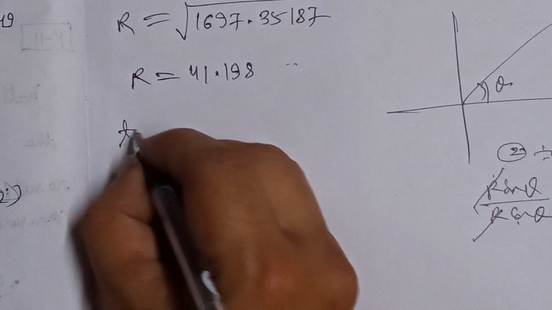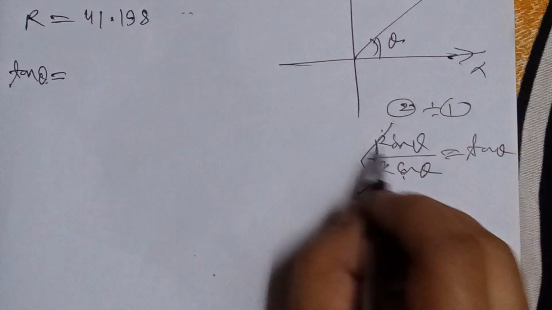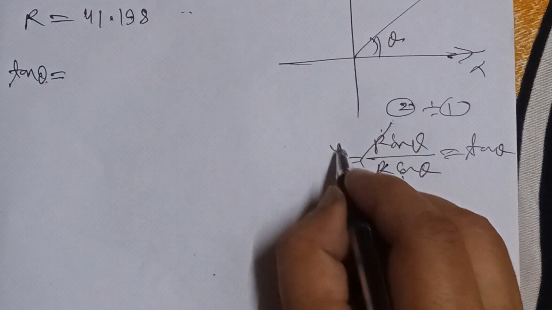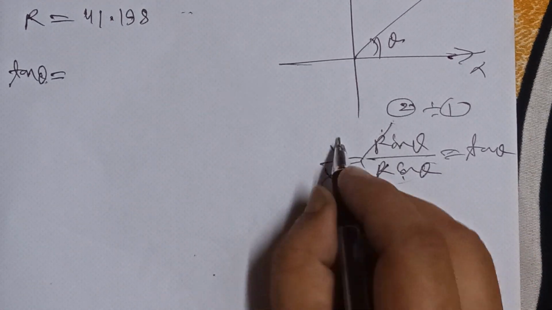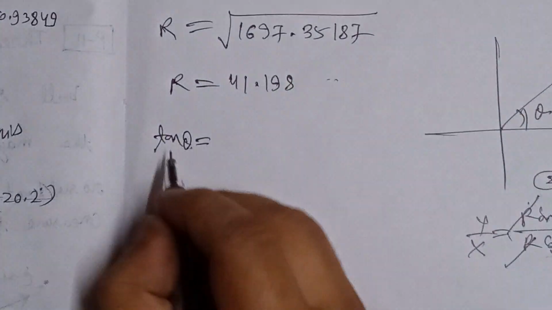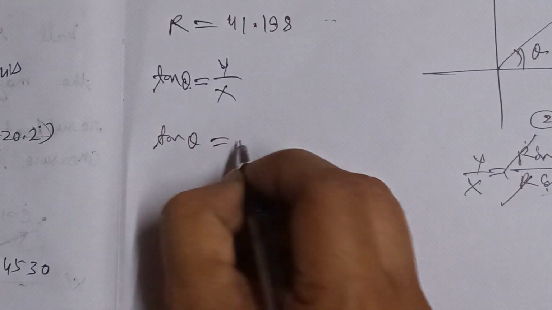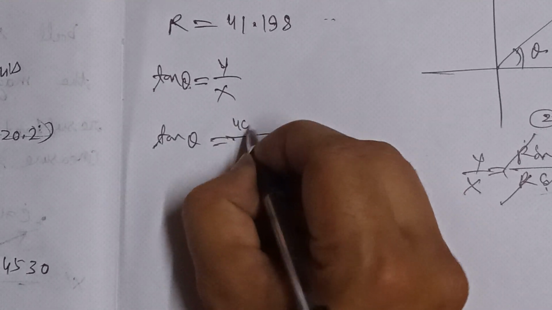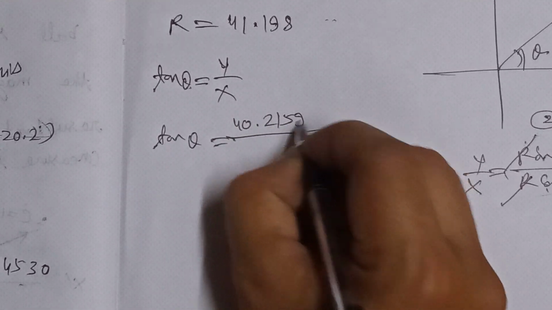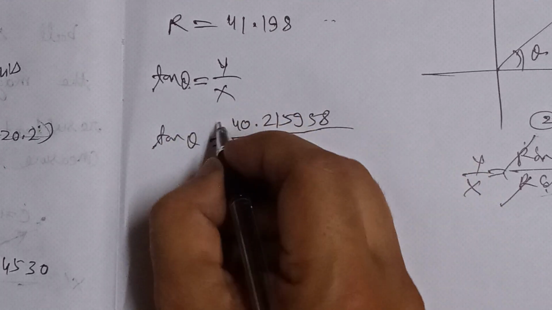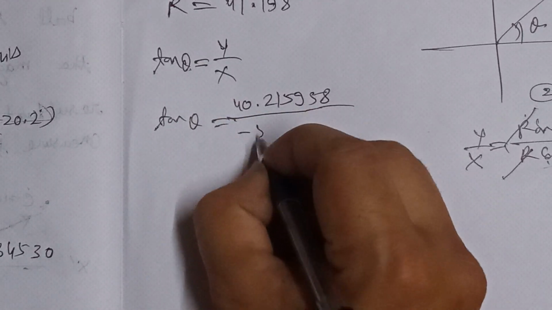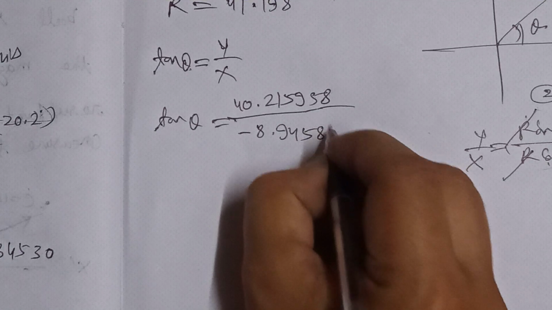So this is tan theta equal to, because we write this value as y and this value as x, we know that tan theta is equal to y upon x, and therefore tan theta is equal to the value of y, 40.215958, and the value of x, minus 8.94587.